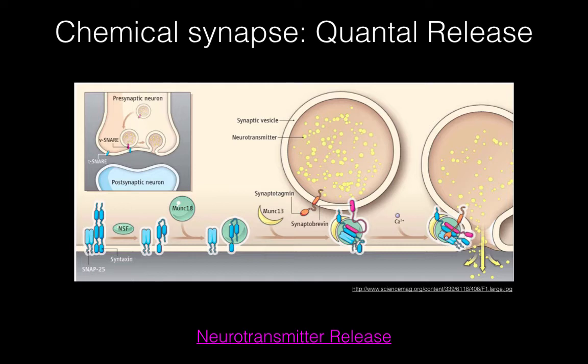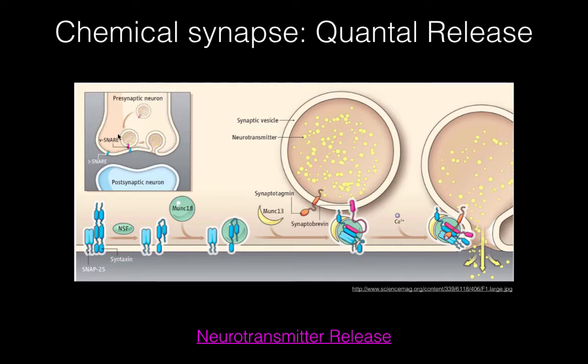Let's take a further look at the chemical synapse, because there are a lot of interactions and activities going on here. We first want to realize here in this gray box that, again, these synaptic vesicles are highly dense, highly populating the presynaptic terminal of the presynaptic neuron.